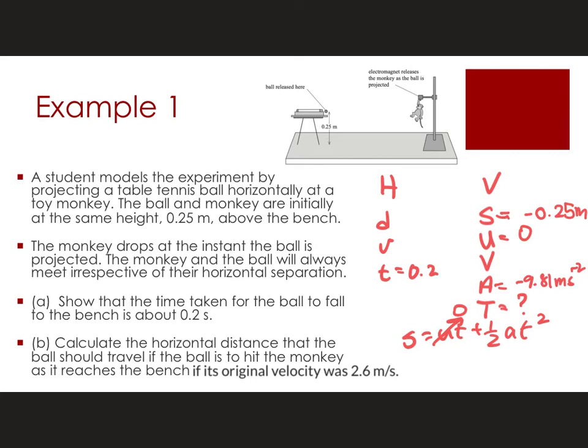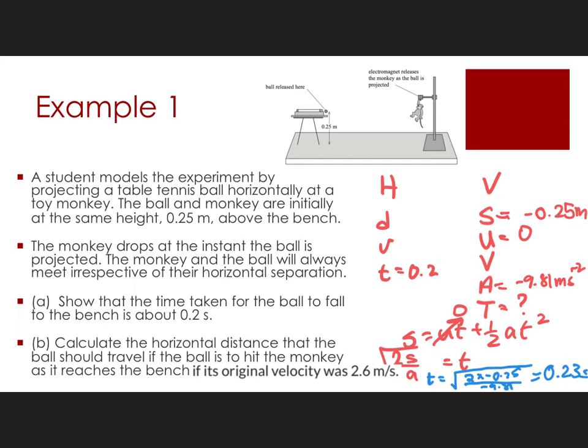So if I do some algebra here, I get 2s over a equals t squared. Let's cheat and just put the square root there. When you put the values in, don't forget that's why s had to be a negative. So the negative 0.25 will cancel out with the negative from the 9.81.